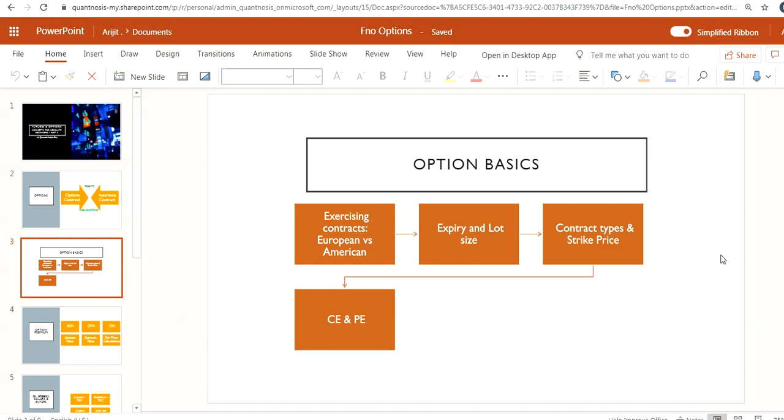In American style exercise, you can do the settlement or take delivery anytime before expiry. A European contract allows exercising your contract only on expiry. In the Indian indexes, or Indian market, we follow European style option exercising. That means if you want to take delivery or do a settlement, you have to wait till the expiry day.